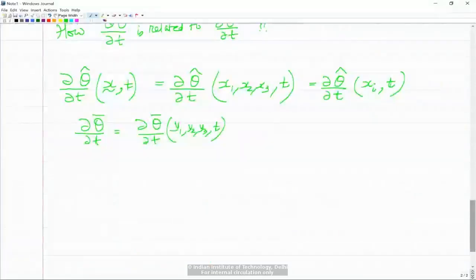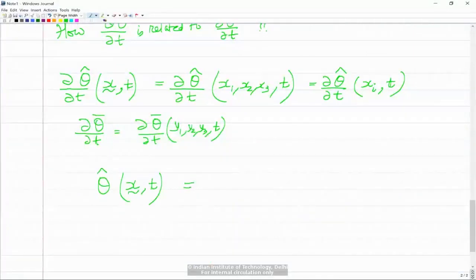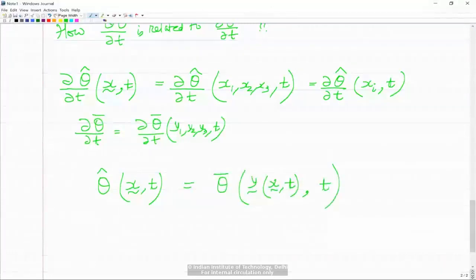Now let me invoke that map and see if we can relate the two. You see, this theta hat of x comma t is same as theta bar of y of x comma t, and then another t, isn't it?